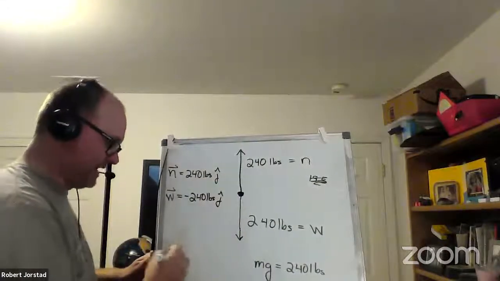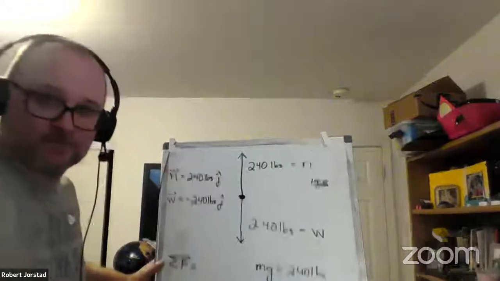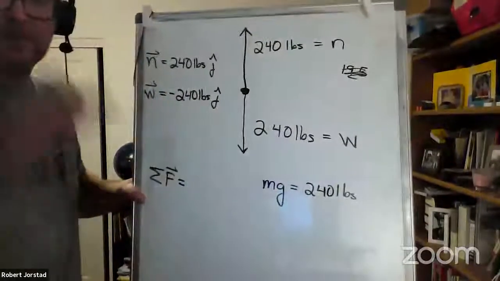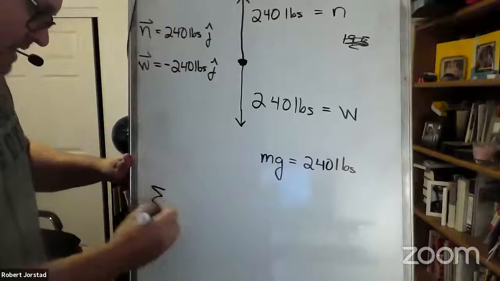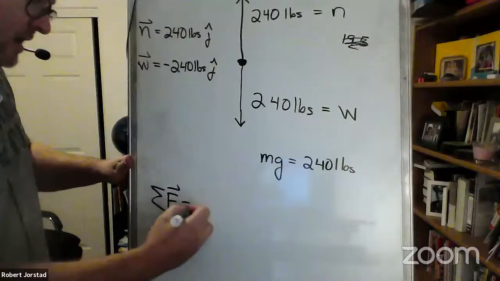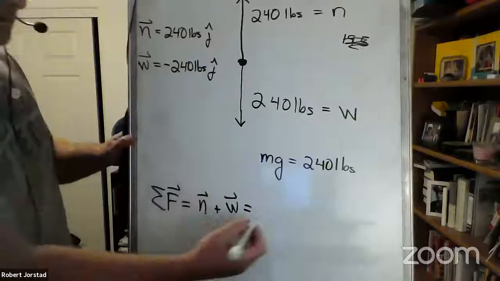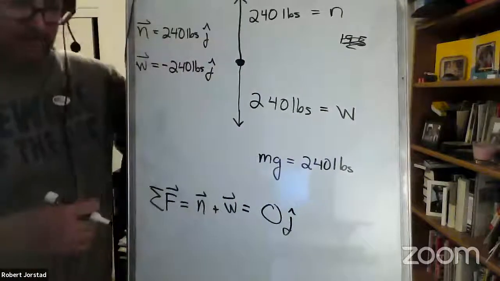And so the net force on me, the sum of forces, would equal the normal force plus the weight force, which would equal 0 in the j hat. Actually, 0 everywhere, 0 in the i hat as well.